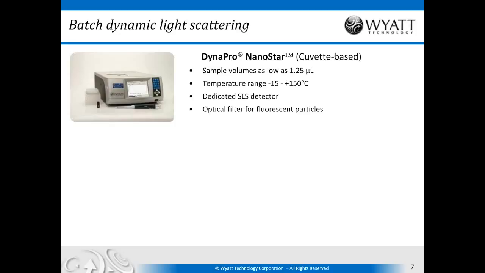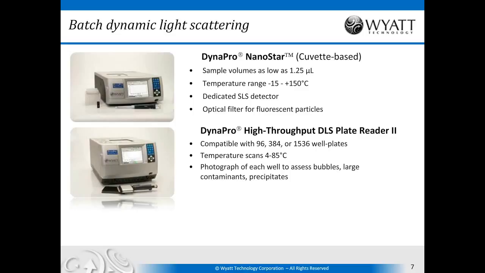It's unique in that it allows you to measure sample volumes as low as about a microliter. Very large temperature range. It has a dedicated static light scattering detector, which is useful for measuring molecular weights, and also allows you to incorporate an optical filter in case your particles fluoresce under the illumination by the laser beam in the cell. The second instrument is rather unique.